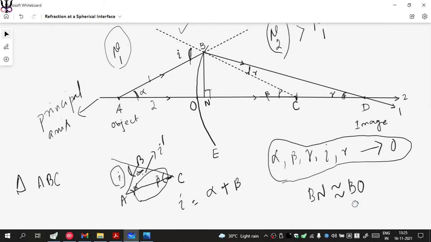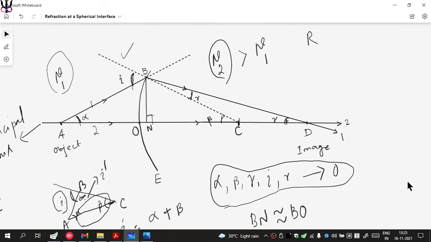Similarly, in the other triangle, BCD, we can see that the exterior angle is beta.